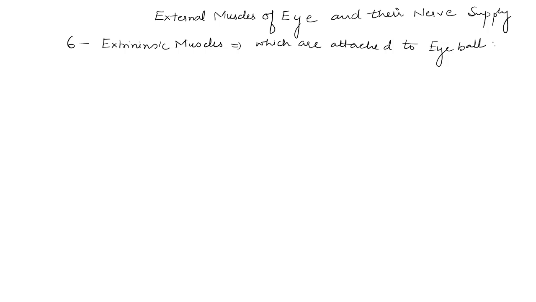Out of these six muscles, four are straight and two are oblique.